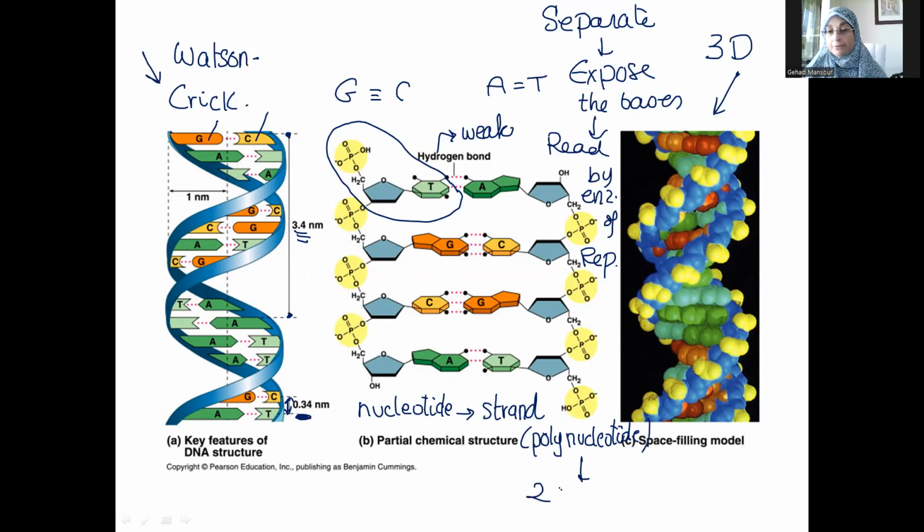And then we have 2 strands that are polynucleotides and that form the DNA molecule. So what does the nucleotide consist of? The nucleotide consists of a nitrogenous base, for example thymine, together with a sugar that is a pentose made of 5 carbon atoms, and a phosphate group.